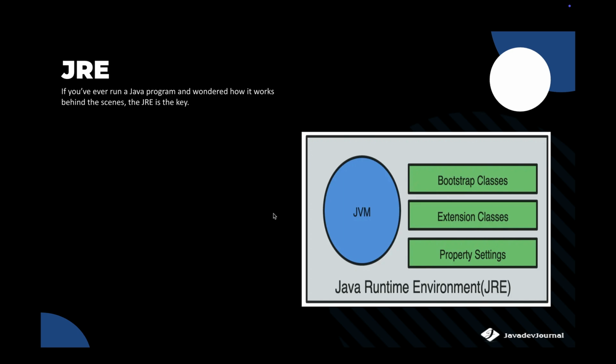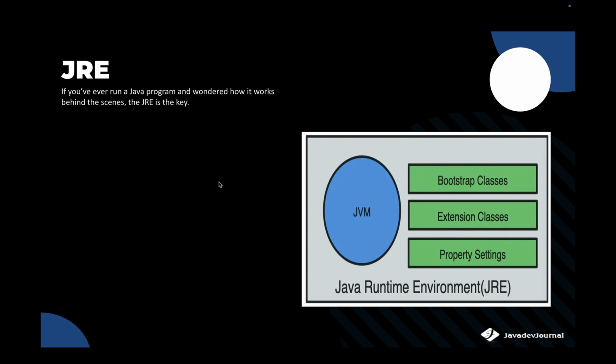So to put it all together, what we have learned so far: we write a program which is a .java file, right? Then the JDK compiler compiles it and creates bytecode, which is nothing but a .class file.